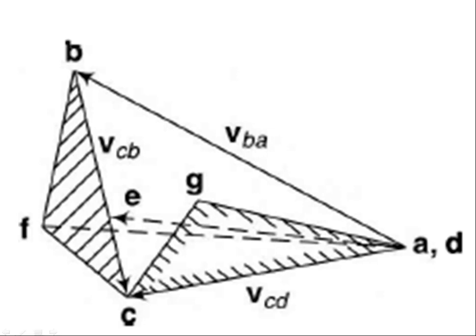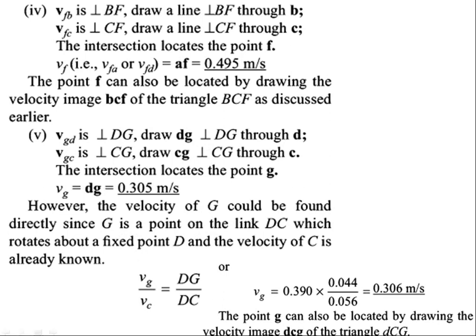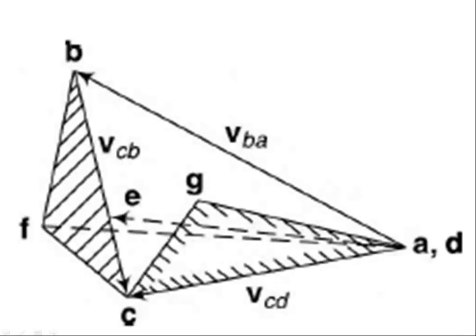From that, take a perpendicular to the BF link and trace it over here, and similarly C to F. The intersection point will give F, and then from the center point A, join a dotted line to point F. So A to F will give you the velocity at point F. Then measure AF. If you measure AF, VF will be 0.495.